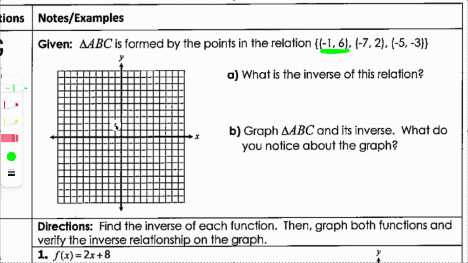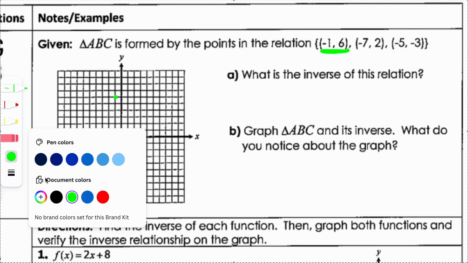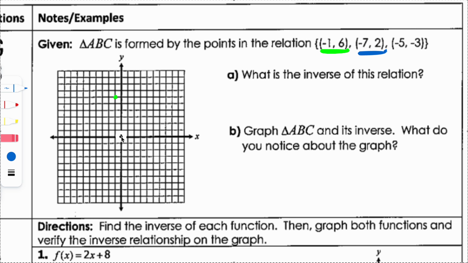That's going to be here, I believe. Then we have -7, 2, which is right there, I believe. And -5, -3.